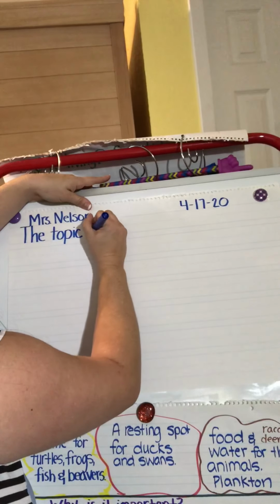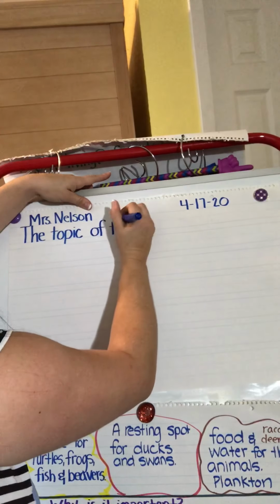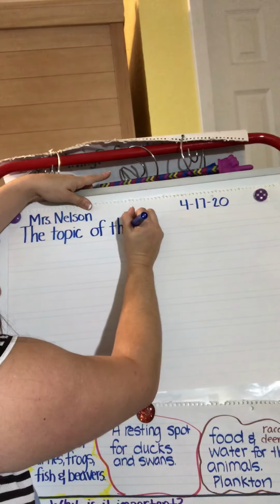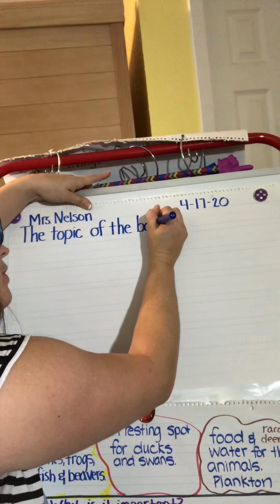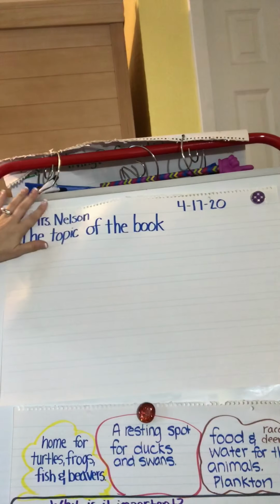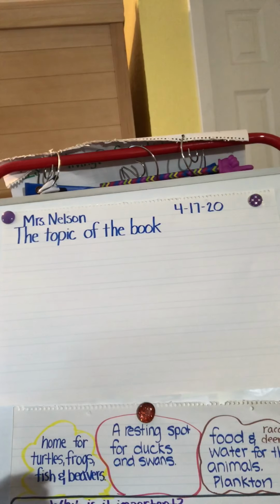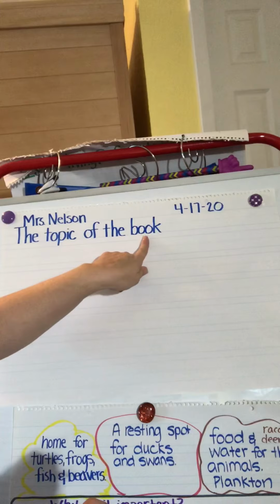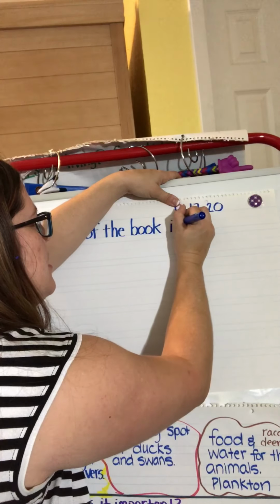The topic of the book. We always go back and reread our sentence to make sure we didn't forget any words, right? We want our sentences to make sense and be a complete thought. The topic of the book is ponds.